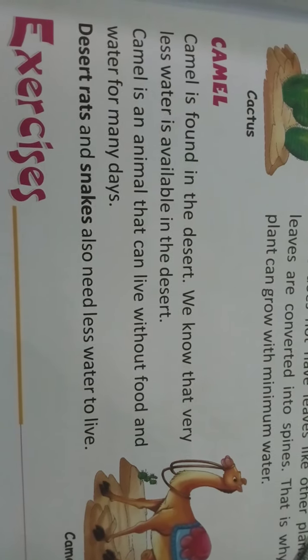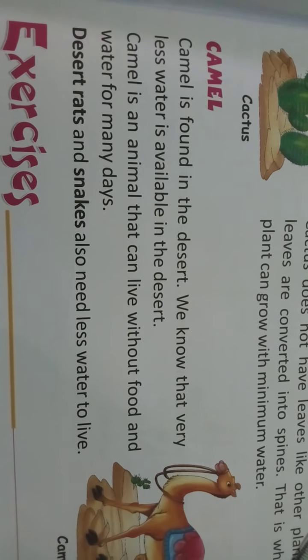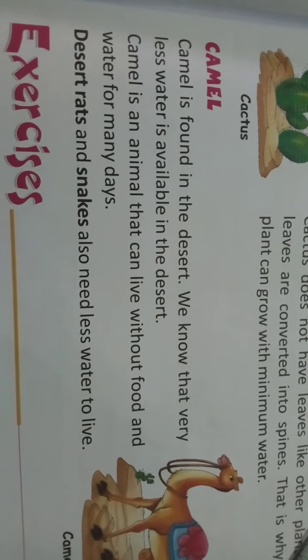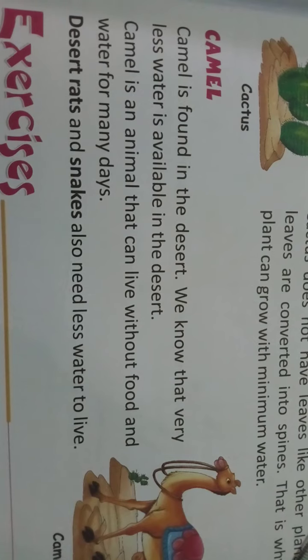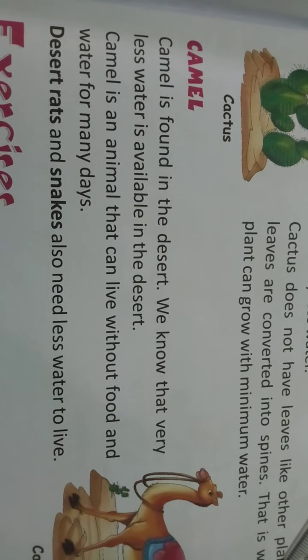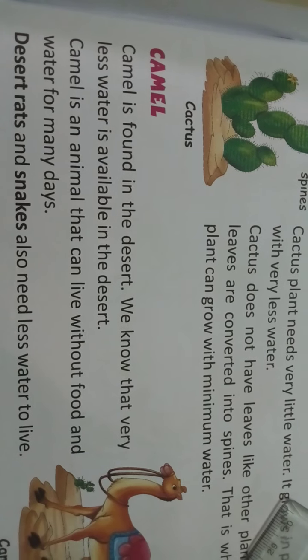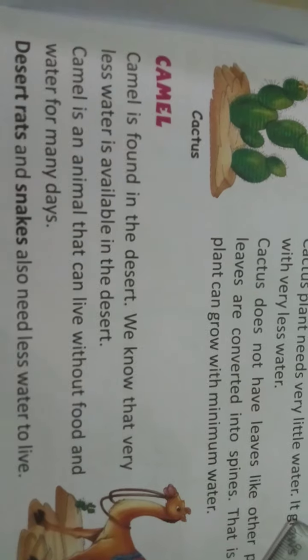This is the fact. Okay. Camels can live without water and food for many days. Desert rats and snakes also need less water to live. These are some special animals and plants that can live without water for many days.